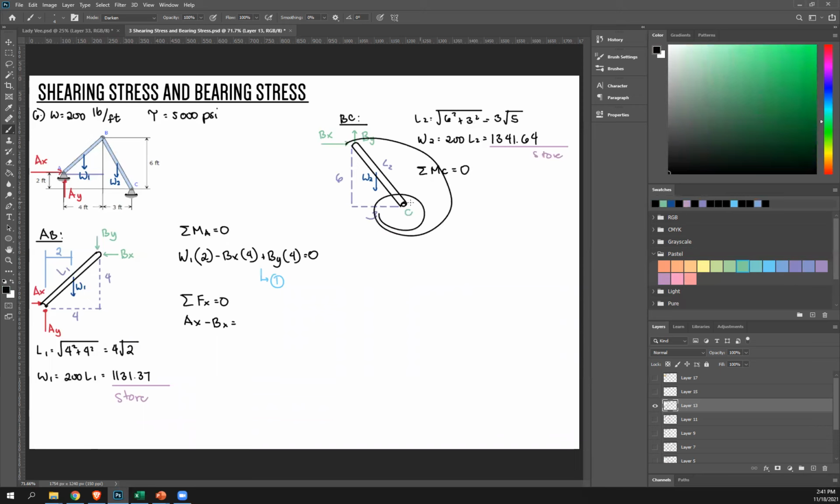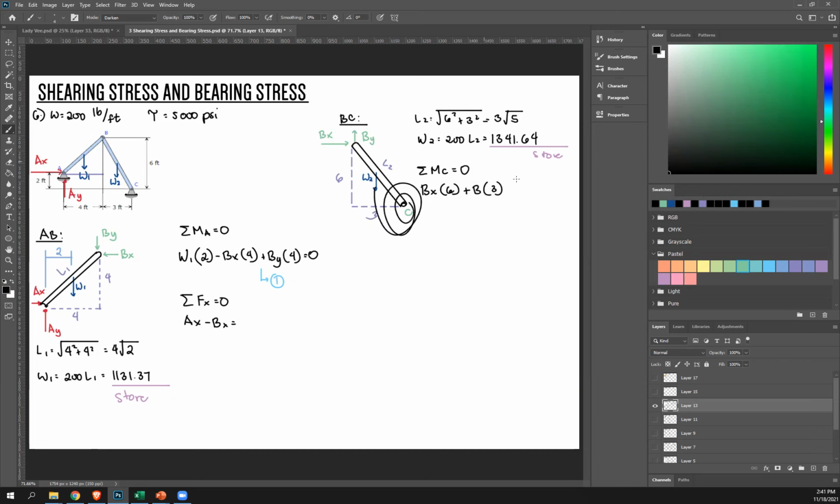So let's start. Bx, rotate about C, that's clockwise, therefore positive Bx times perpendicular distance to C, that's 6. Next, By, rotate about C, that's also clockwise. So plus By, perpendicular distance, 3. What else?